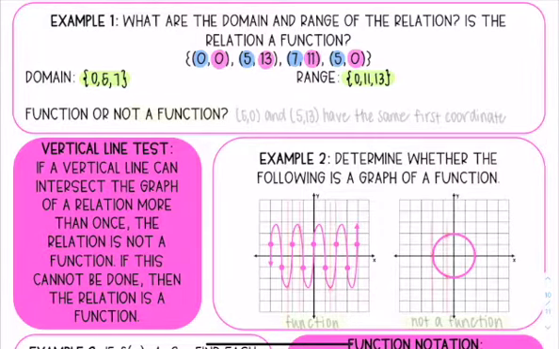So this is not a function. And it's because (5, 0) and (5, 13) have the same first coordinate.